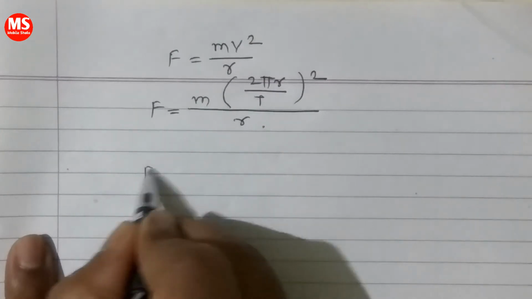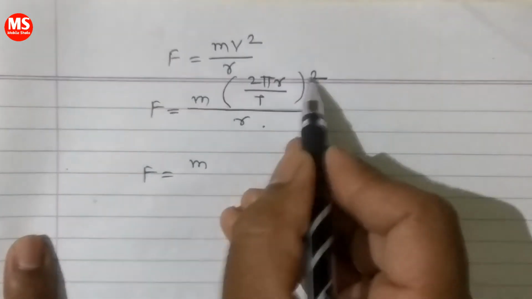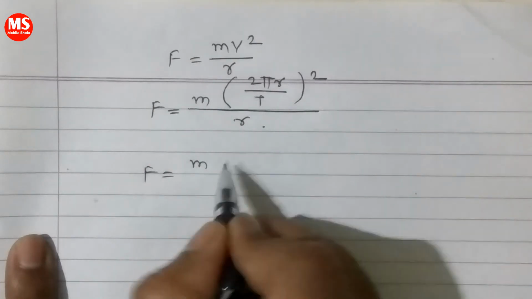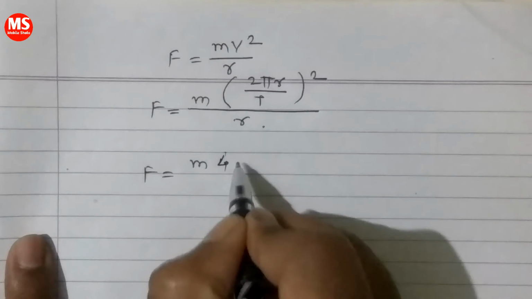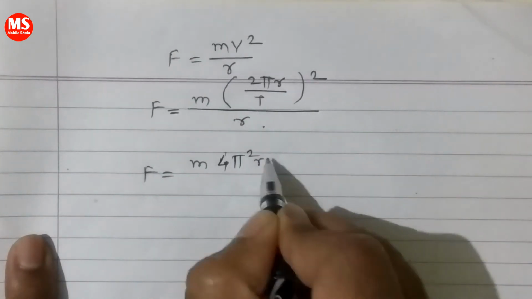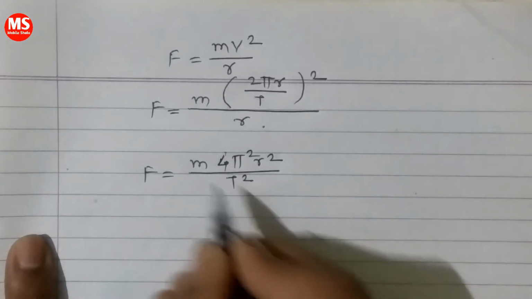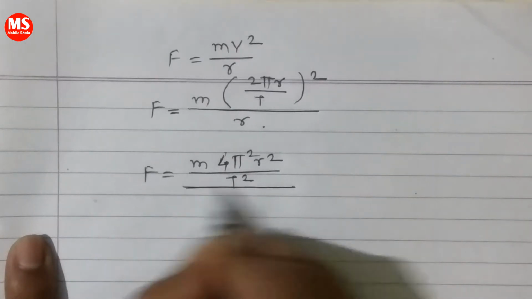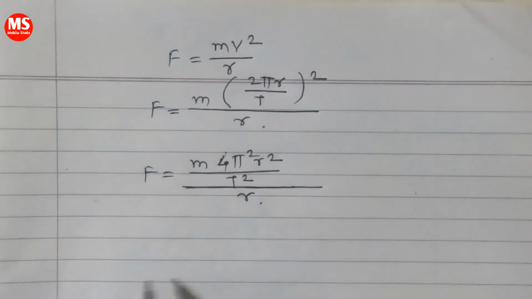So F is equal to m, the square of 2 is 4 pi square r square, and this T square, and upon this r as it is.